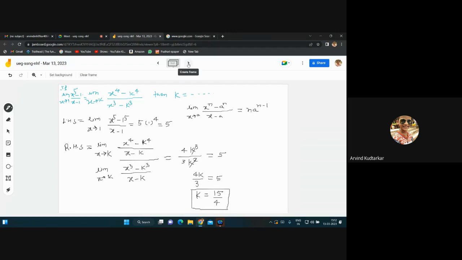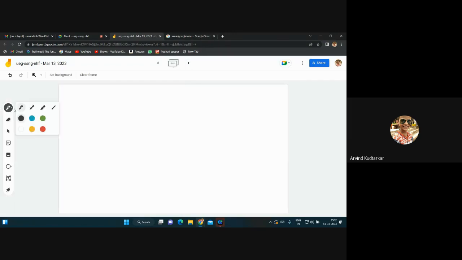Now here, there is one result in limit. Sometimes you are getting the limits in the form of 0 by 0 or infinity by infinity. So in that case, how to get the finite limit? The finite limit will be obtained by using the L'Hospital rule.